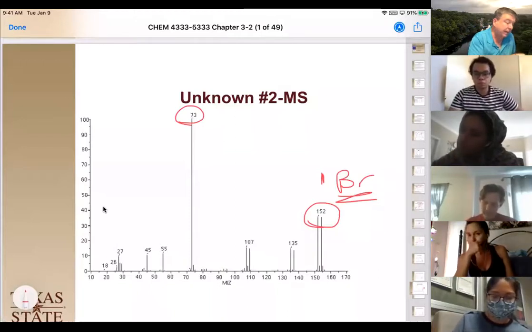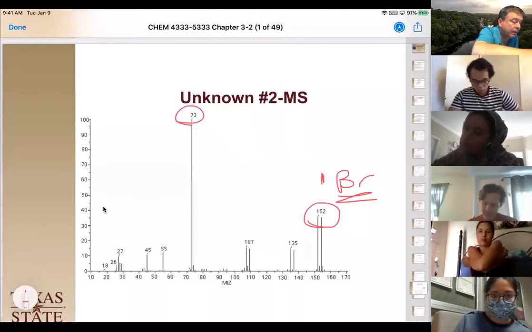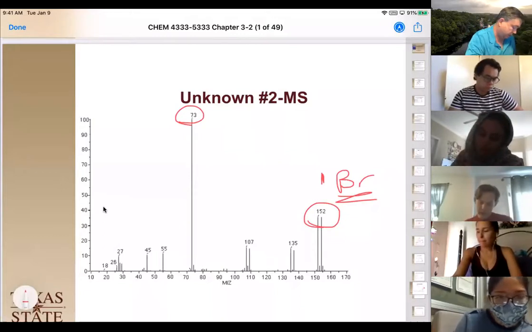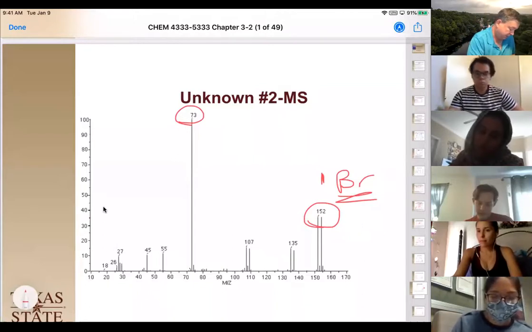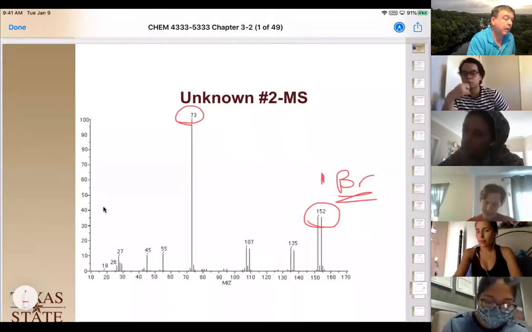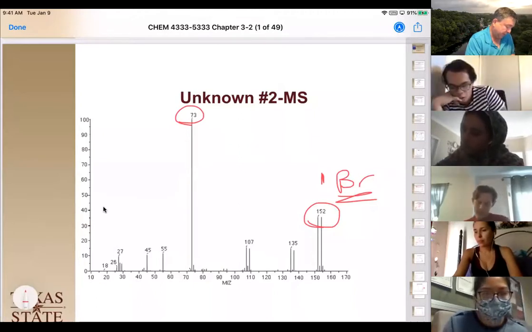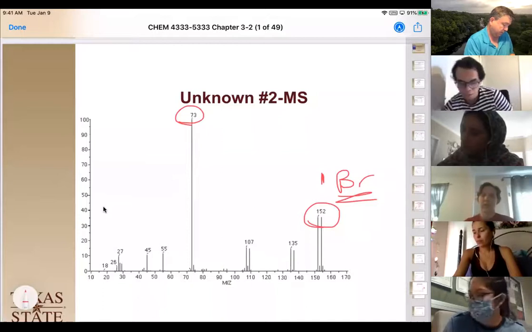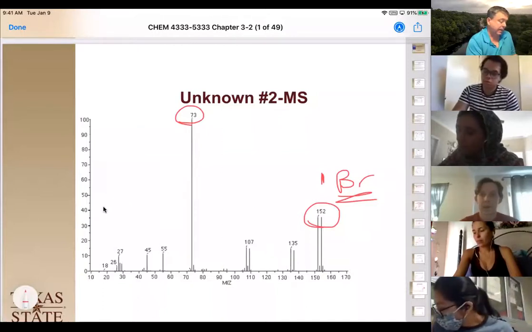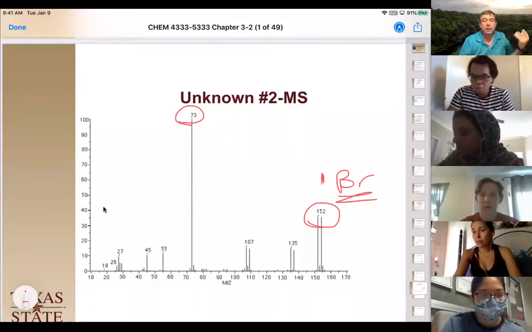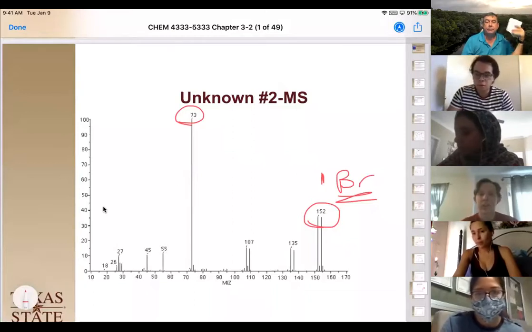So we have C5. 73, 65 is, that's an 8. 8 and 5 is 13, and then we know we have at least one bromine on there. Oh, wait a minute. C5H8Br so far.